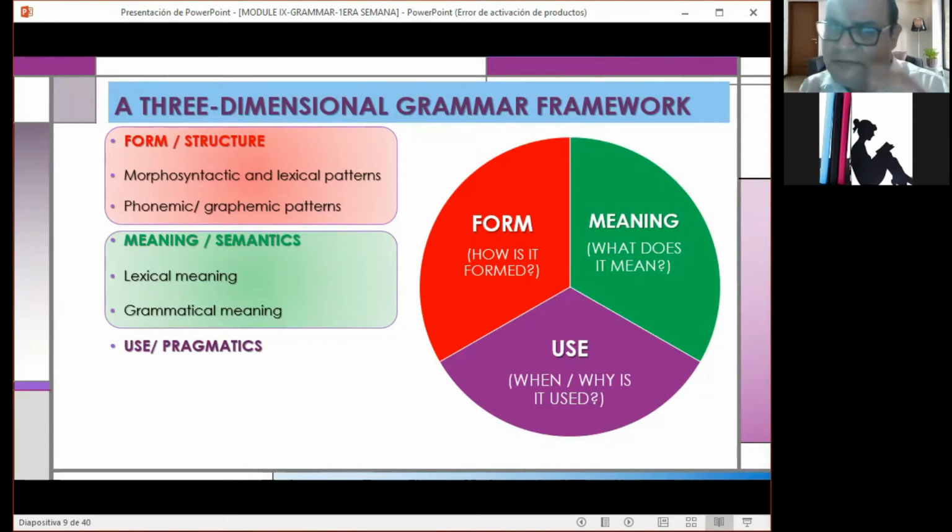Can you remember something about it? What's the difference between lexical meaning and grammatical meaning? Can you tell me?